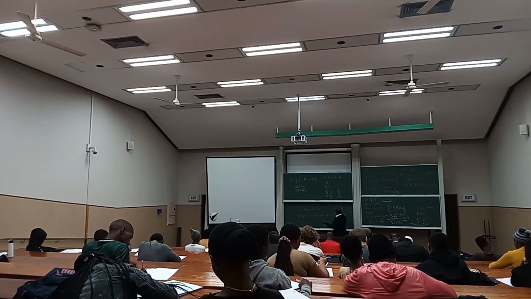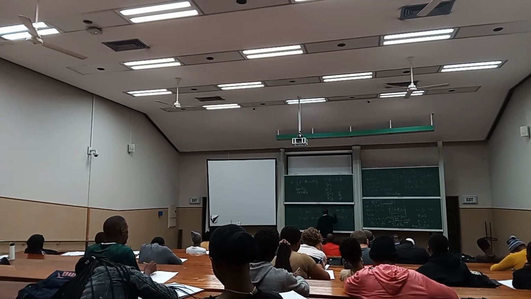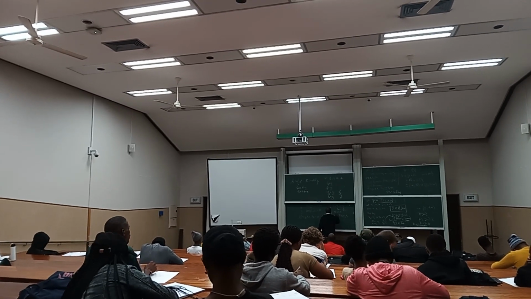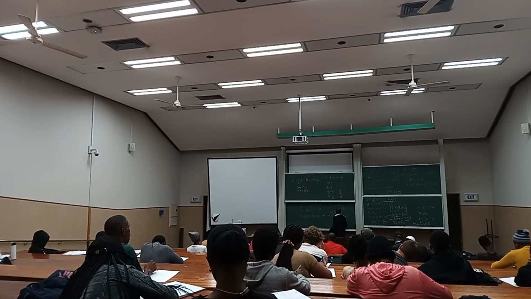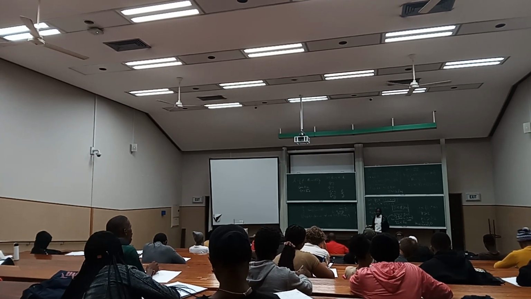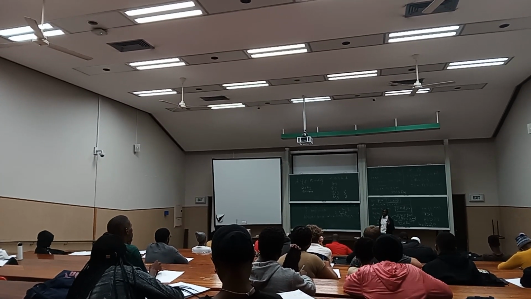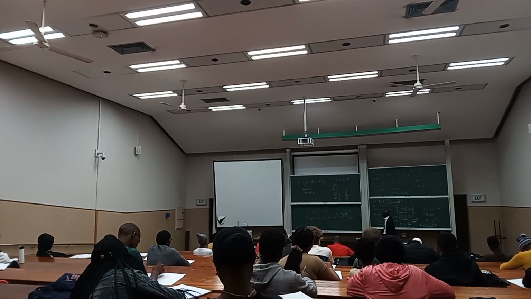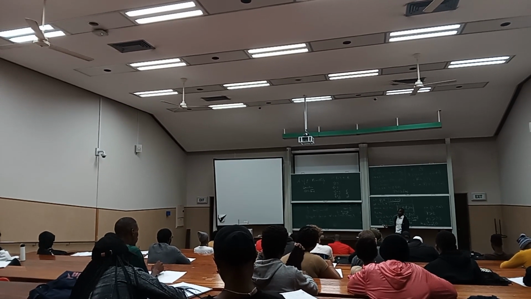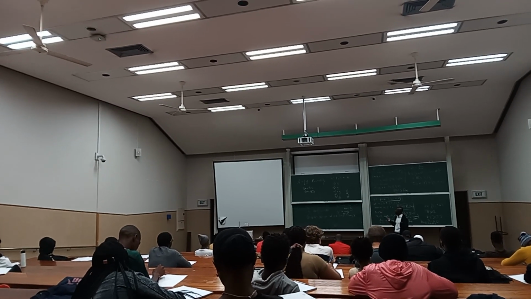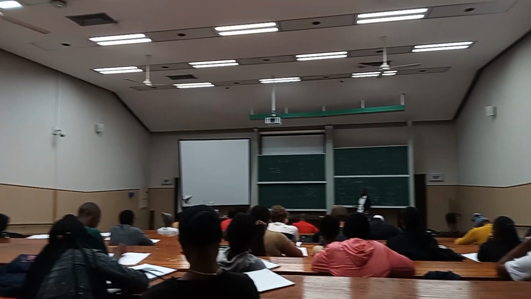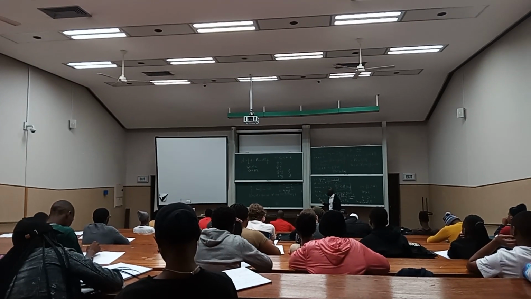And let's take j. My j is from R to R. x I map to exponential of x. Are you all familiar with the exponential function? Okay. So those are the two functions that I gave now, and I want to do f plus j.